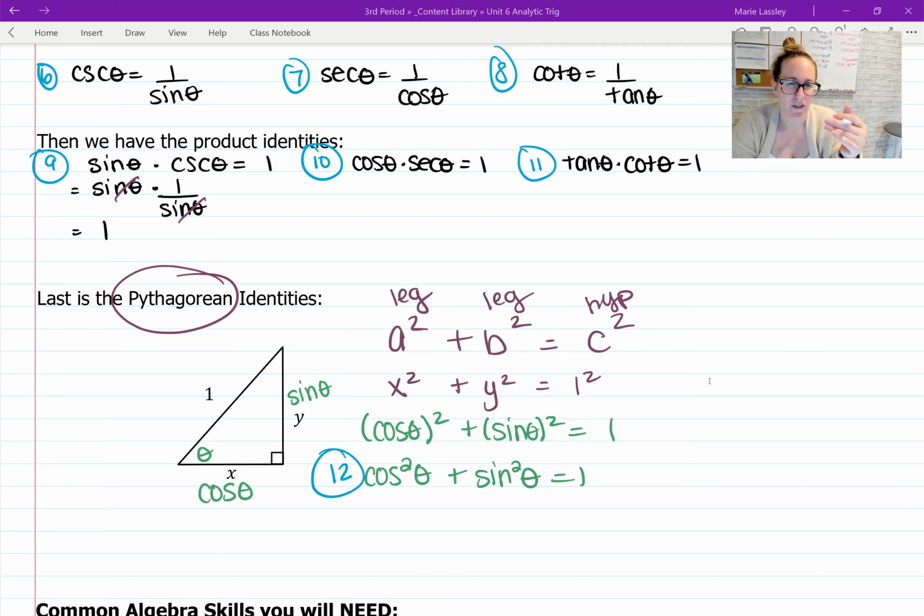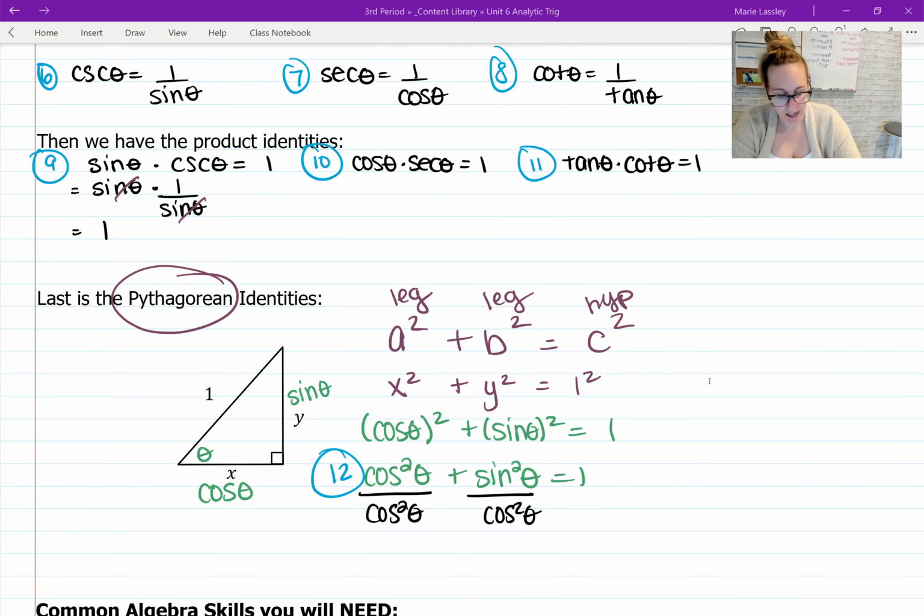Cosine divided by cosine does equal 1. So if we divide cosine squared by itself, that's going to simplify to 1. Now, what we do to one part of the equation, we must do to all of the parts. You can't just divide one term. So we have to divide everything by cosine squared.